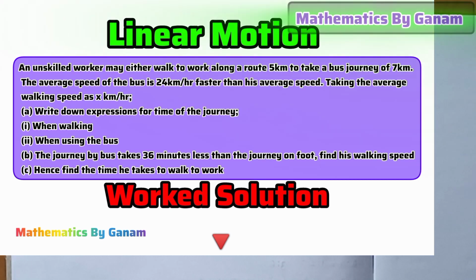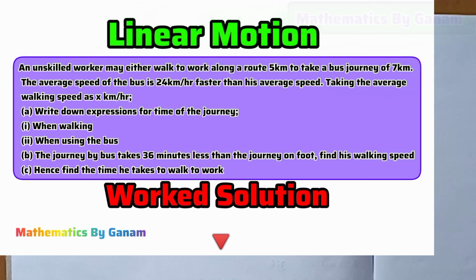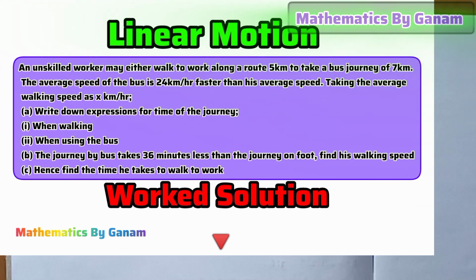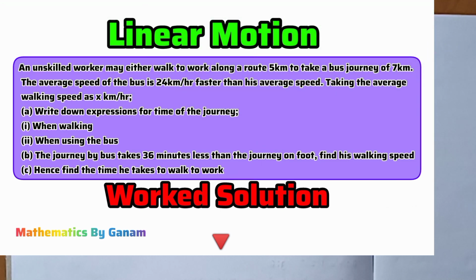Question A. Write down expressions for the time of the journey: Roman 1, when walking, and Roman 2, when using the bus. Question B says the journey by bus takes 36 minutes less than the journey on foot. Find his walking speed.